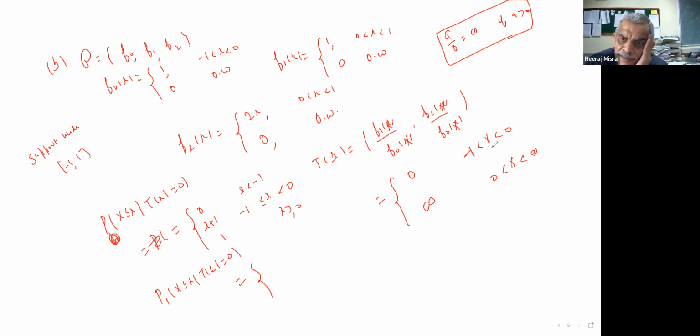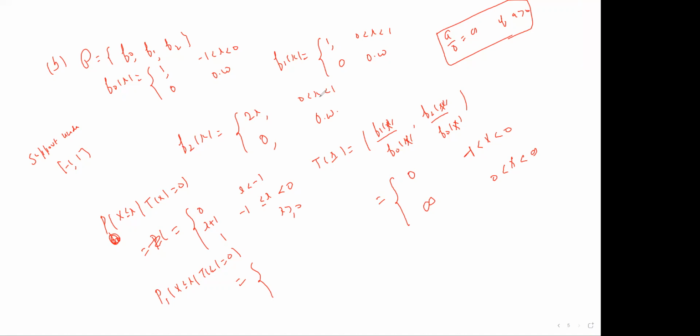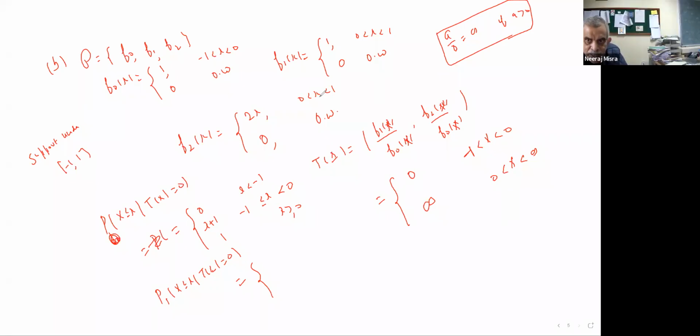Given T(x) equal to 0, x lies between -1 and 0, and I am calculating the probability under F1 that x lies between 0 and 1. So this is 0 when x is less than 0.